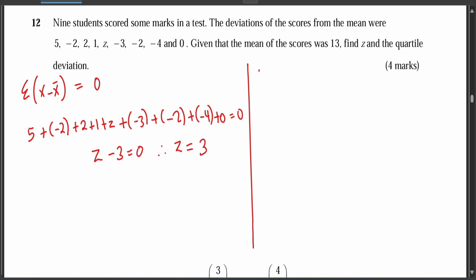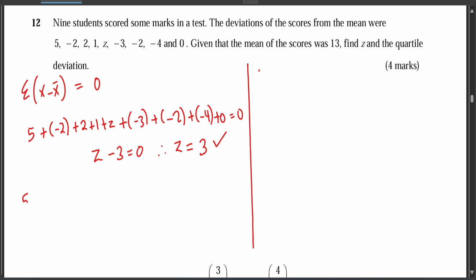Okay, so now let's find out the marks, the real marks for each student. Now we just found out what z is, so let's find the marks for each student. For you to get the marks, you just take your deviations plus the mean itself.